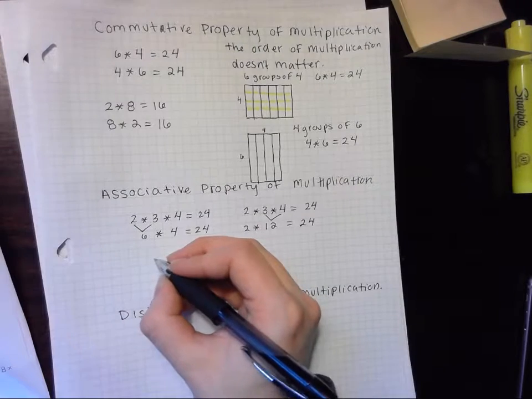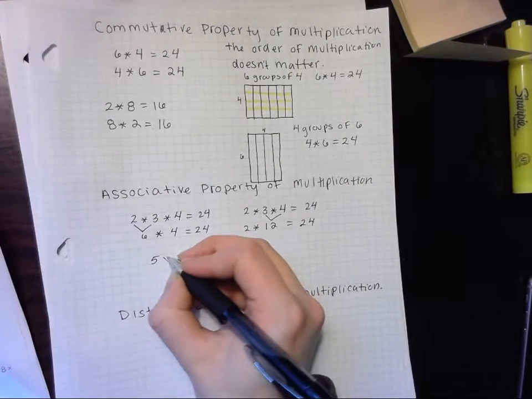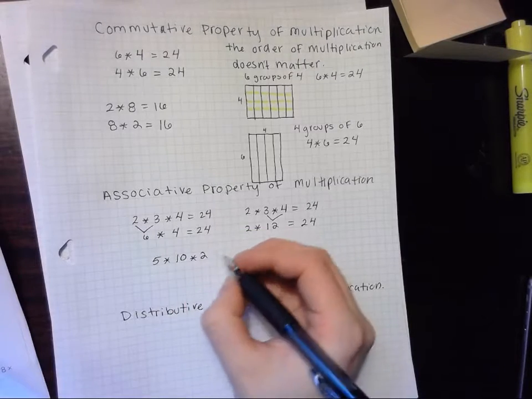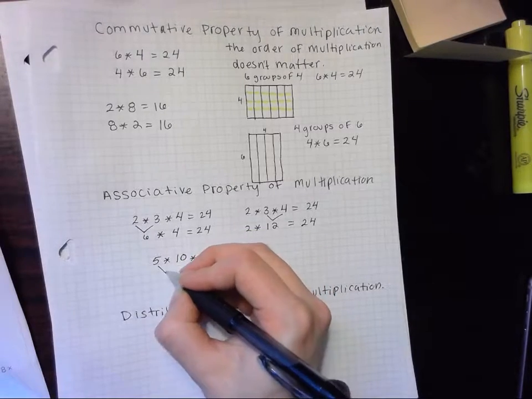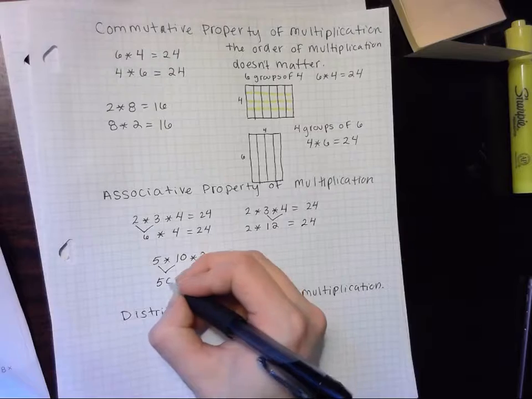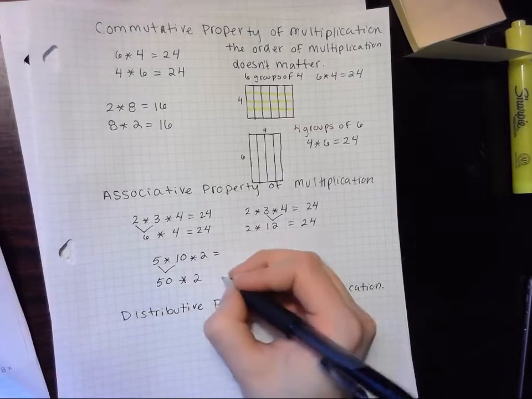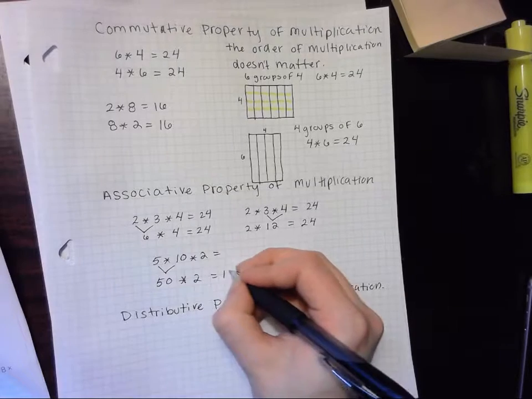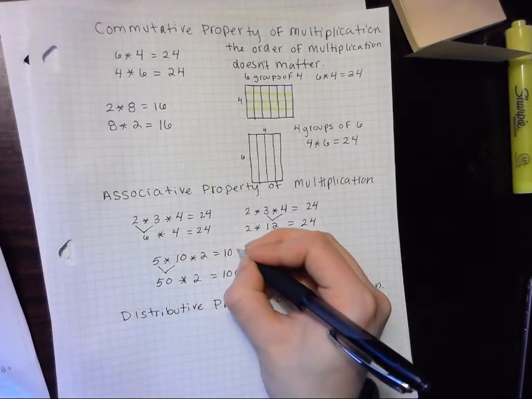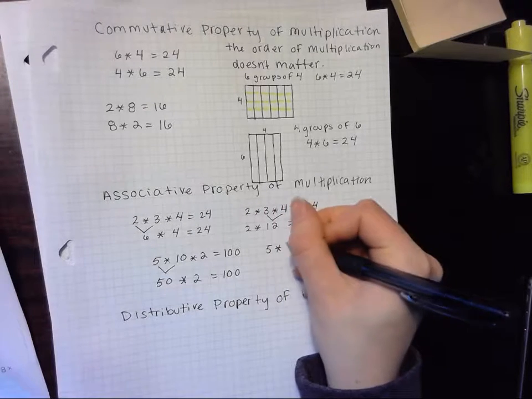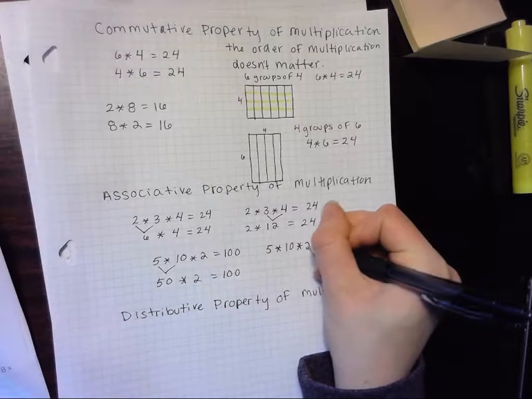If you had 5 times 10 times 2, 5 times 10 is 50. And then we multiply it by the last number, 2. 50 times 2 is 100. We could also do 5 times 10 times 2.